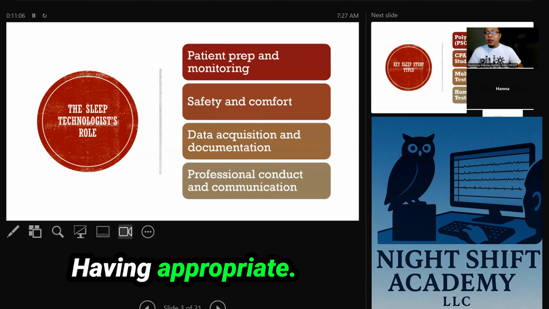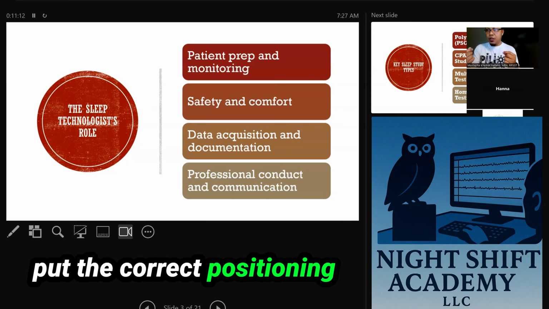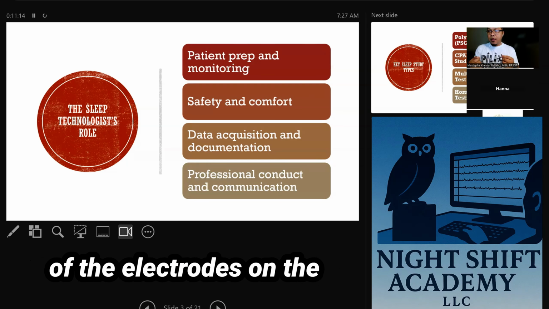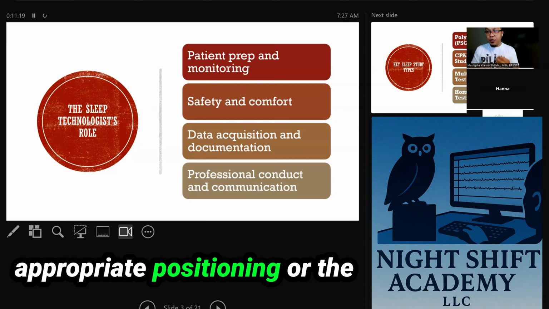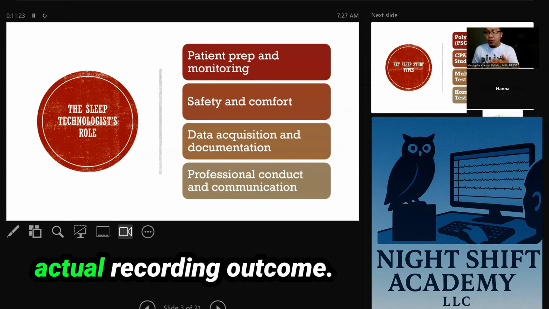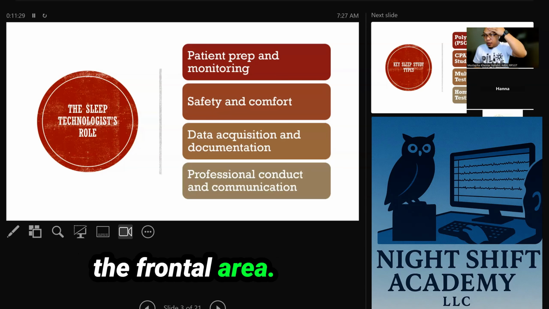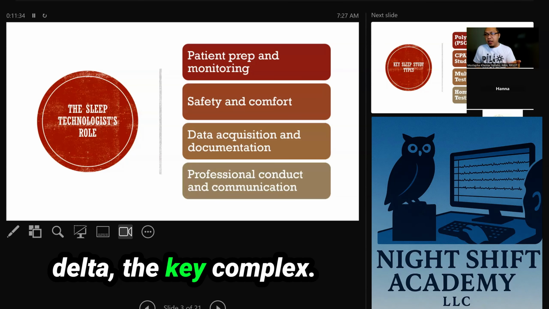Having appropriate measurement enables us to put the correct positioning of the electrodes on the head. And if we have the appropriate positioning of the sites, then we optimize the actual recording outcome. Let's say you have the frontal area. This is where we monitor the big waveforms, the delta, the K complex.